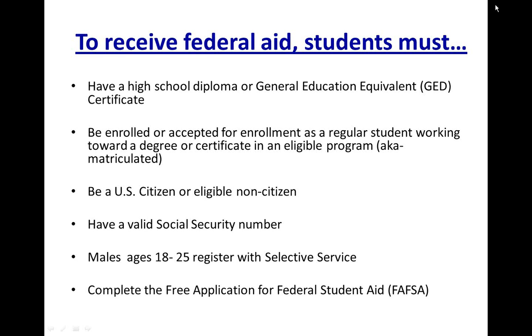If a student is an undocumented immigrant, they are not eligible for federal financial aid. Students must have a valid Social Security number. Males ages 18 to 25 must register with Selective Service, and the students must complete the Free Application for Federal Student Aid, the FAFSA.